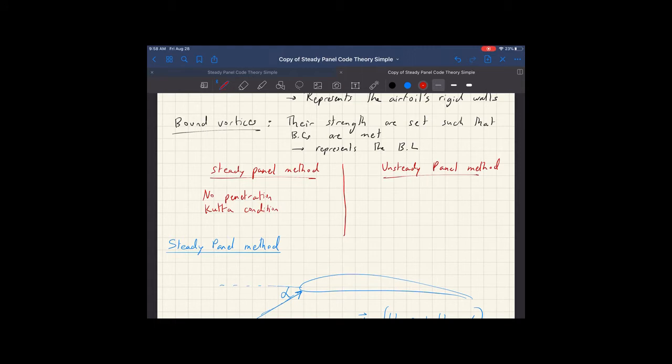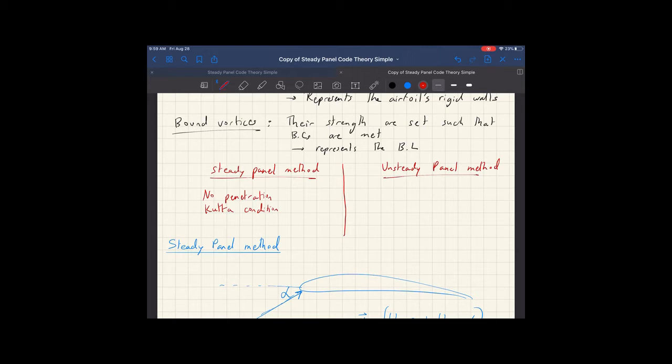However, you don't have to enforce Kelvin's circulation theorem, because essentially in the steady panel method, we only solve for the steady scenario. So if we have a wing starting from rest and going up to some free stream velocity, we only capture that last time step. So we don't really march our solution in time. We just look at the final solution. And thus we don't really see the starting vortex. So in that sense, we cannot capture the starting vortex, and thus we don't need to enforce the Kelvin circulation theorem.